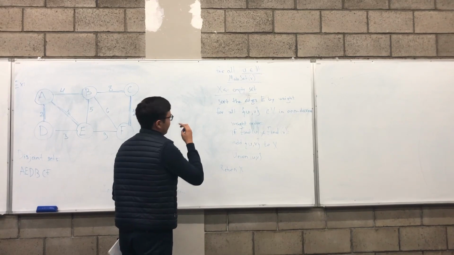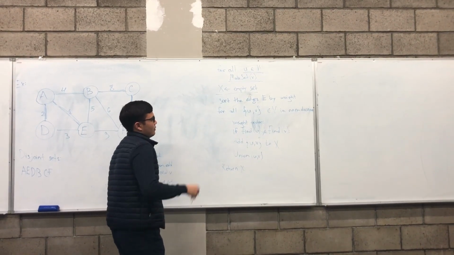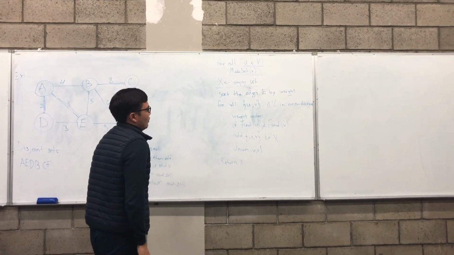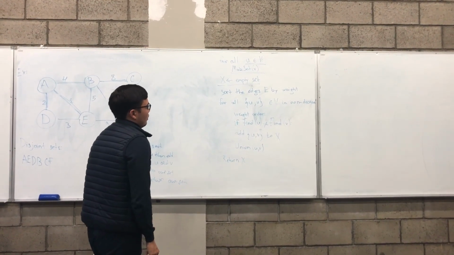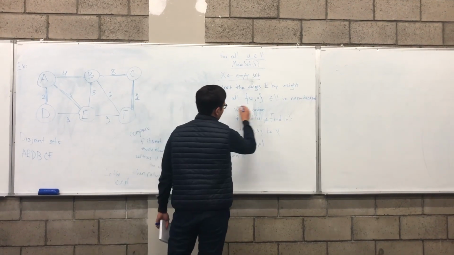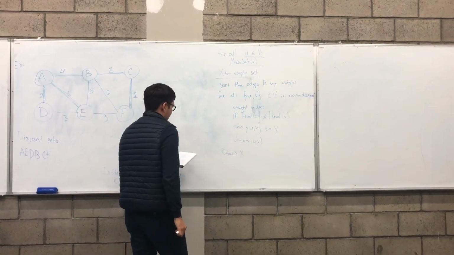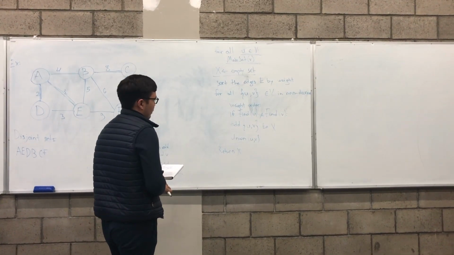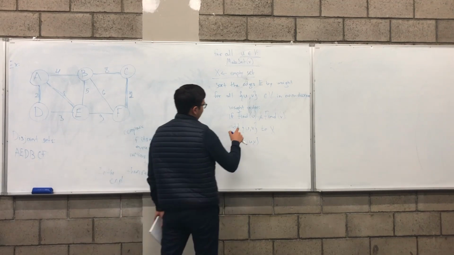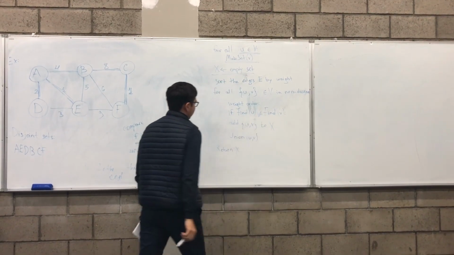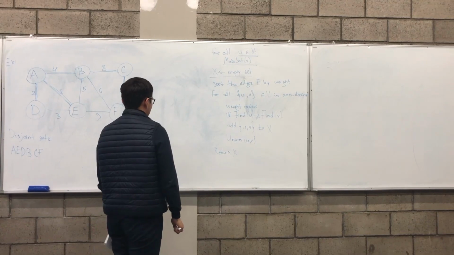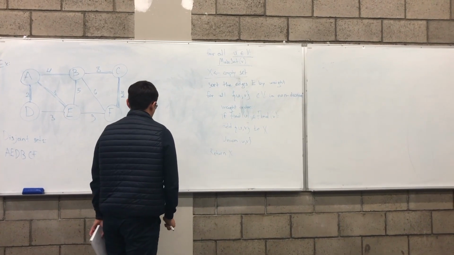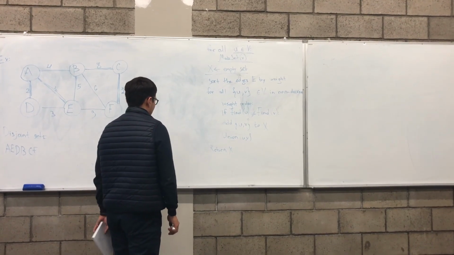As written here, we sort the edges by their weight in non-decreasing order, for all U and V. Starting from here, we should check whether it produces a cycle or not. So here we compare find U and find V. Then, if it's not a cycle, we add the vertices U and V to our set, and in the end we return our set.